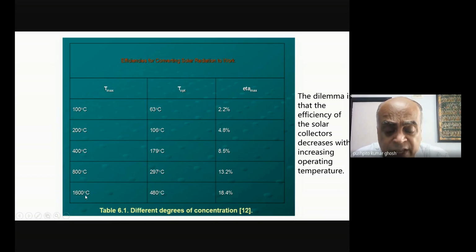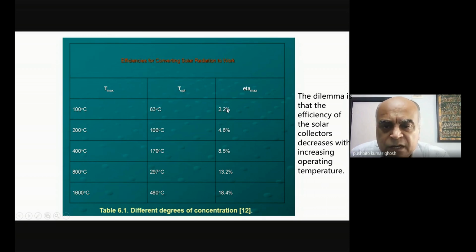Now we'll see how complicated that is. And with that, let's say if I have to generate power, I will be at an efficiency of around 18.4%. That would be the efficiency. Now, as I go lower in the temperature, 800, 400, 200, 100, you can see that the efficiency drops off drastically. All right.